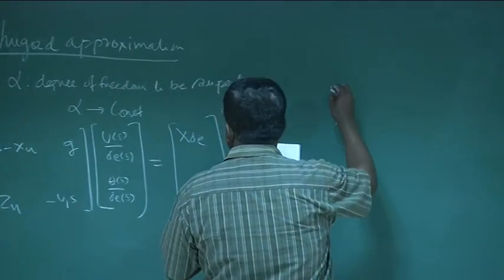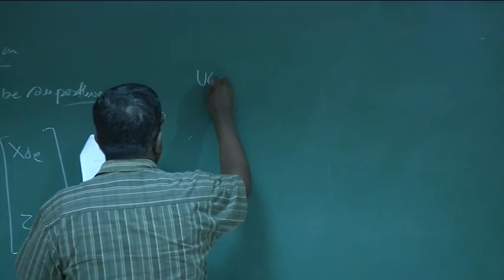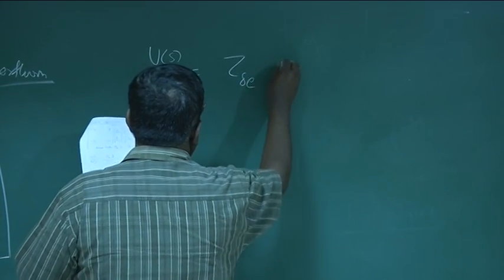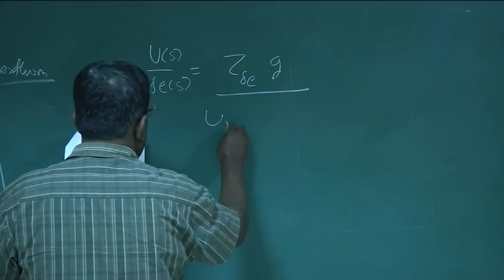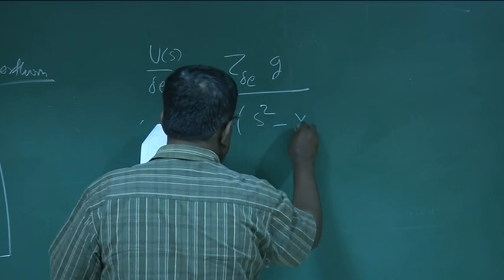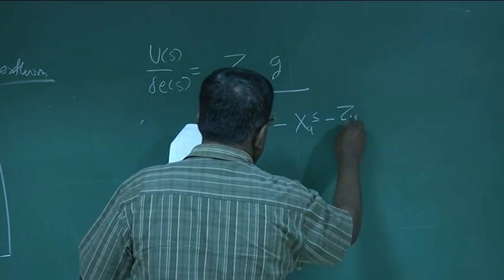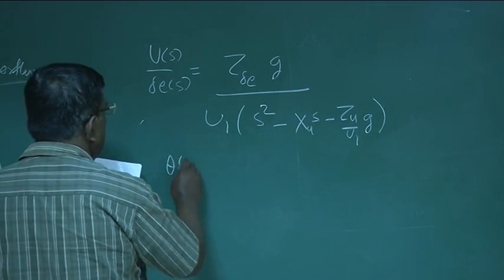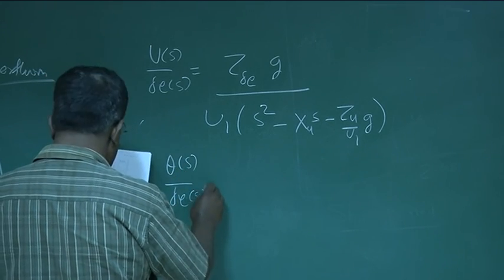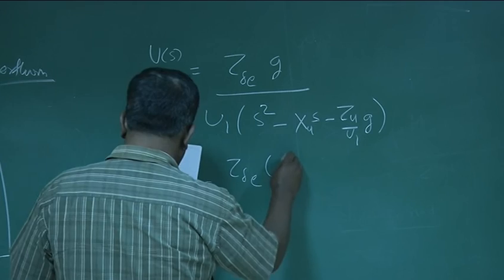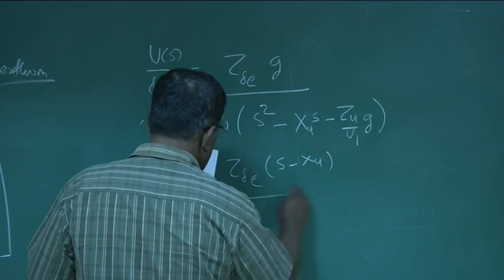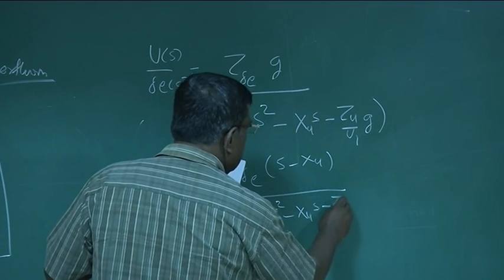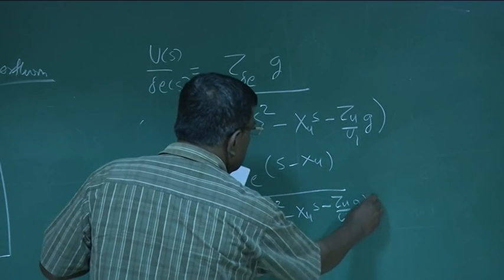If I do this, then I find that U of s by delta E of s is z delta E into g by u1, over s squared minus xu s minus zu by u1 into g, and theta of s by delta E of s is z delta E into s minus xu, over s squared minus xu s minus zu by u1 into g.